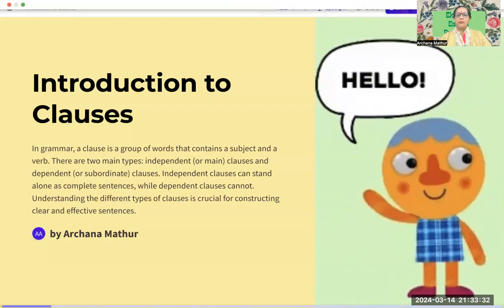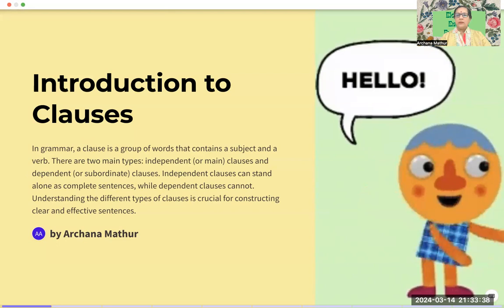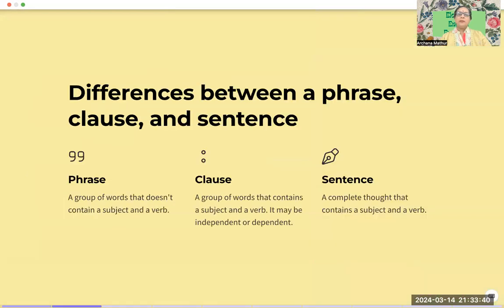Before discussing clauses, let's first discuss the difference between a phrase, a clause, and a sentence, right? They're all groups of words. But the main difference is that a phrase is a group of words that doesn't contain a subject and a verb.